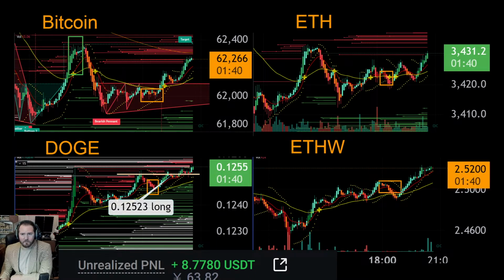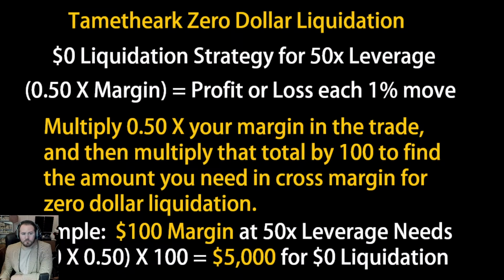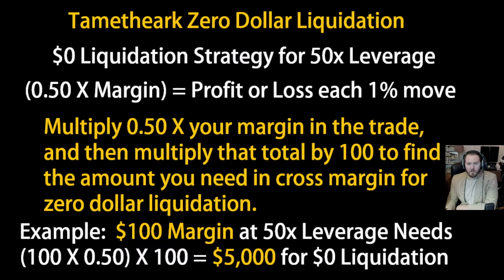And for some of you guys tomorrow, if you did the form, if you did the link, understand what's going to happen tomorrow. Let me pop up that image. Oh yeah, let me pop up the liquidation stuff for you guys real quick. So if you want that $0 liquidation strategy for the 50 times leverage, you have to multiply 0.5 times your margin.